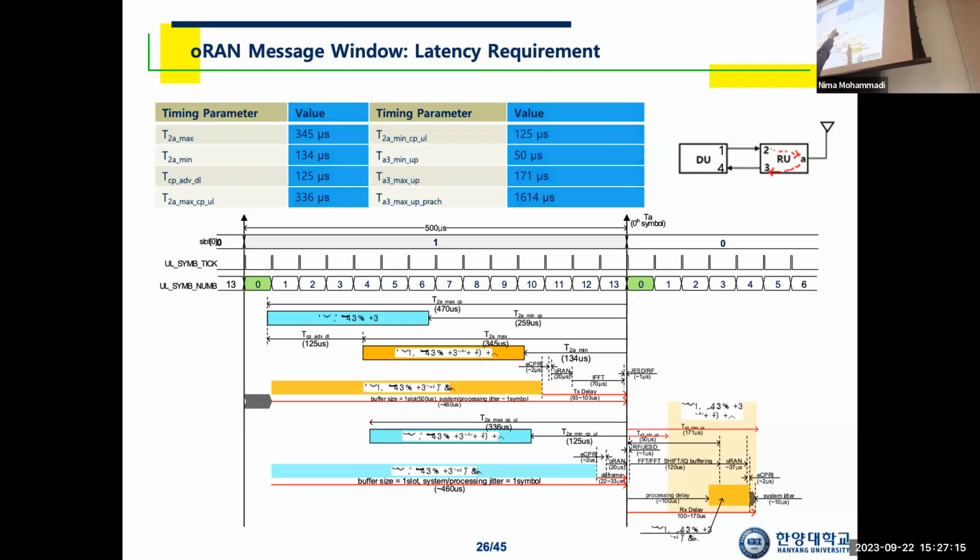Symbol 0 is the moment that you have to shoot your downlink signal to the user equipment. And symbol period 0 is the moment that you are expected to receive the uplink signal from the user equipment. That is a reference time.